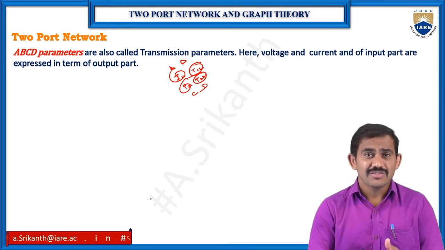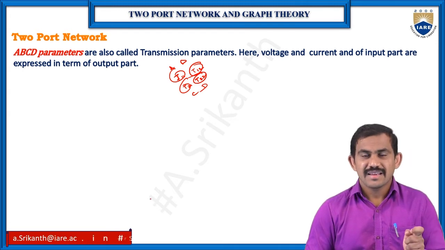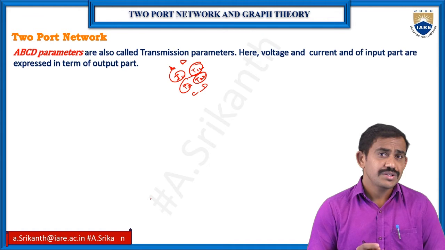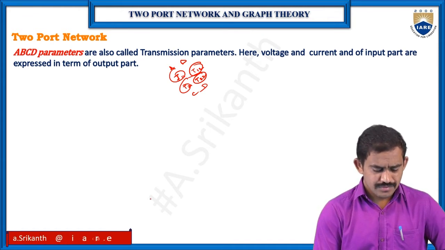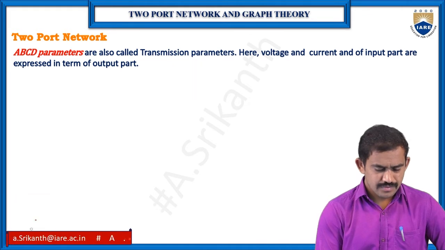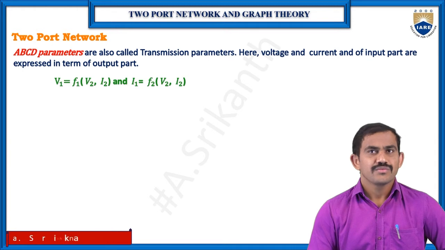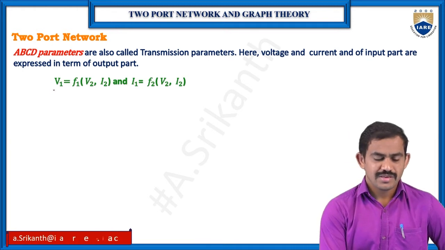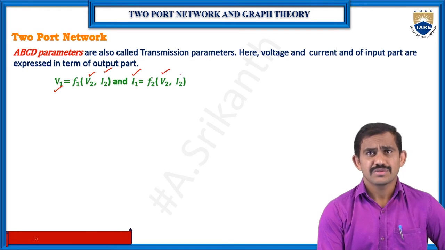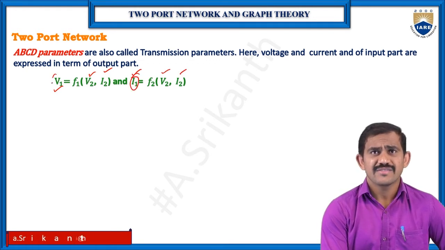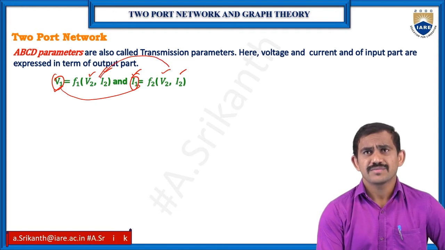So your equation for the transmission line is V1 and I1 in the form of V2 and I2. Now we will check it.